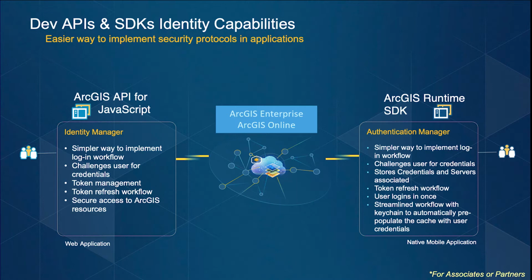And it maintains a cache of credentials used in previous authentication challenges. This cache can easily be persisted in, for example, an iOS keychain. So now think about if your app is restarted, the cache is automatically pre-populated with all these saved credentials.